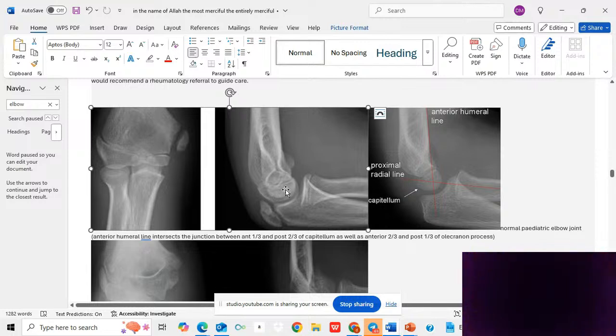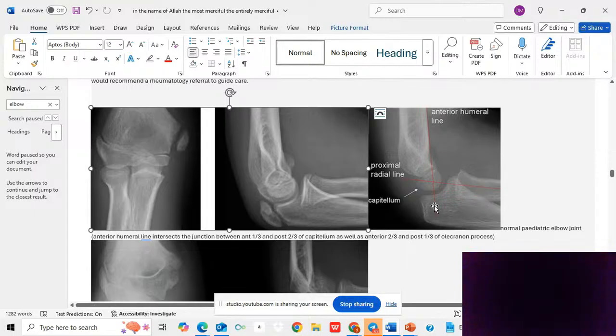So on lateral X-ray, you will see the capitellum. Okay, so this is the capitellum. And this is the humeral condyles, the epicondyles, the condyles.